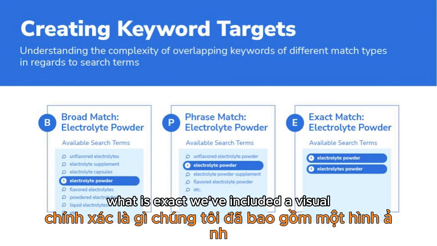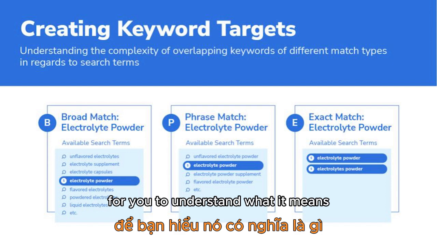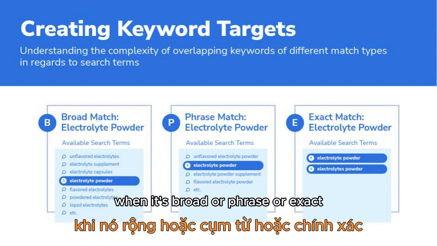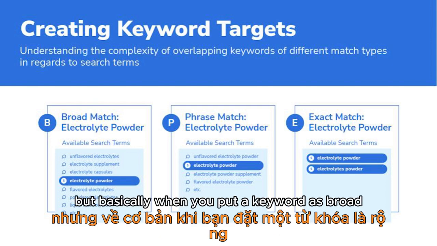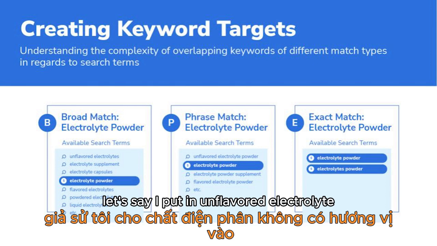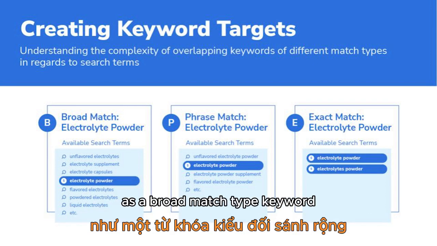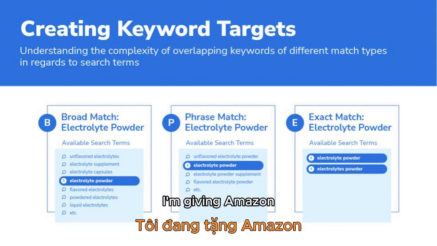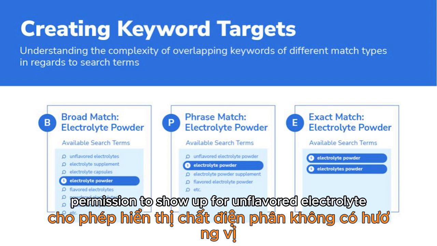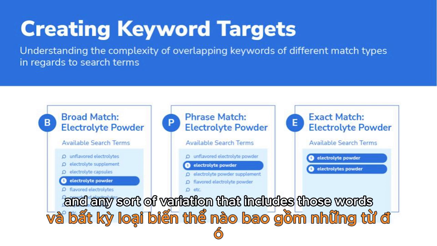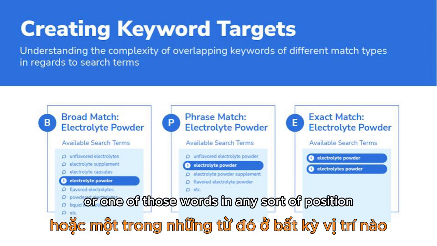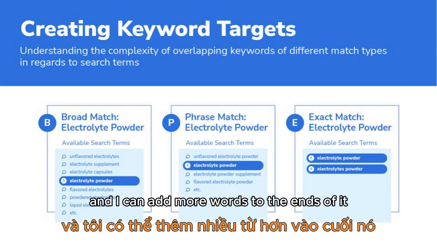We've included a visual for you to understand what it means when it's broad, phrase, or exact. But basically, when you put a keyword in as broad, let's say I put in unflavored electrolyte as a broad match type keyword, I'm giving Amazon permission to show up for unflavored electrolyte and any variation that includes those words, or one of those words, in any position, and I can add more words to the ends of it.